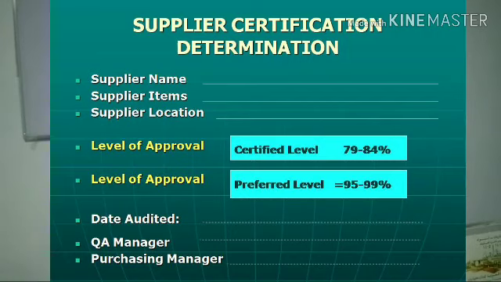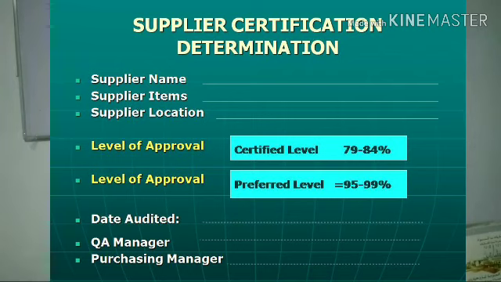Now, this is the last page of the supplier selection. Once you have audited the supplier, you will indicate your findings. There is the supplier certification determination, indicating here the supplier's name, the supplier items that they are going to deliver, and the location of the supplier, and then you can see here the levels of approvals.